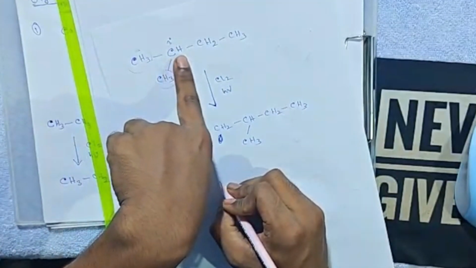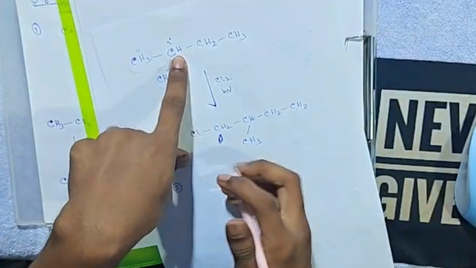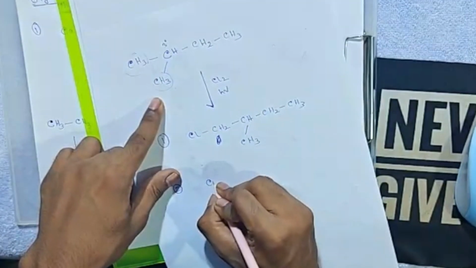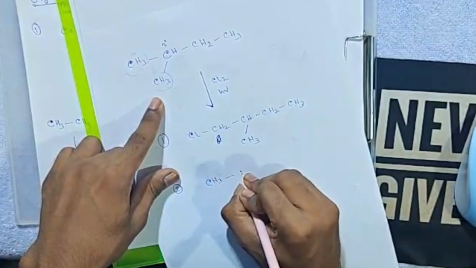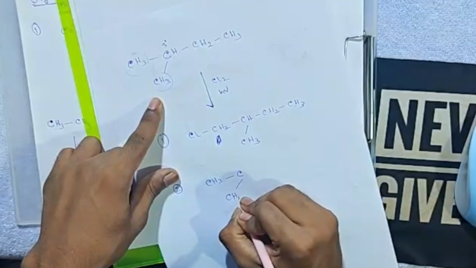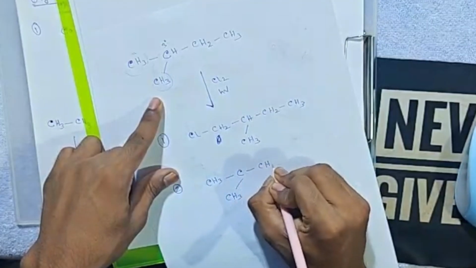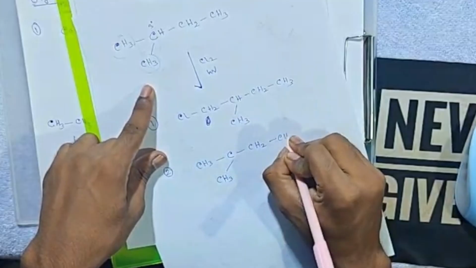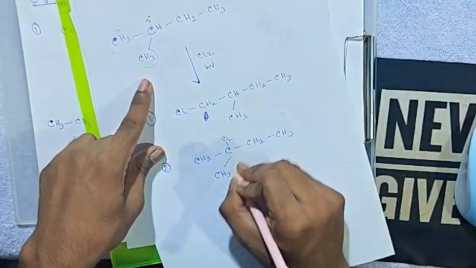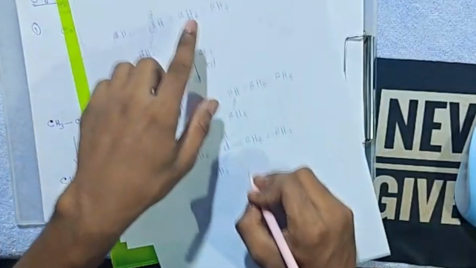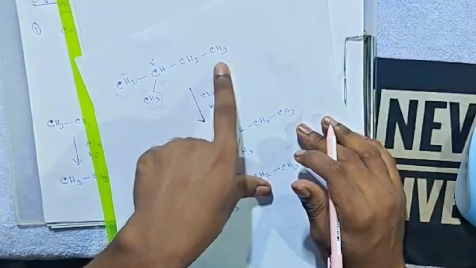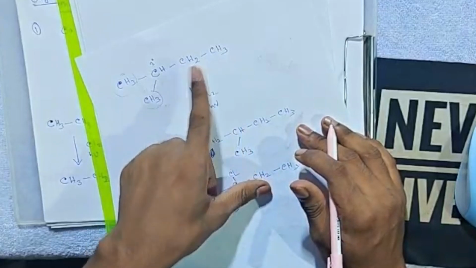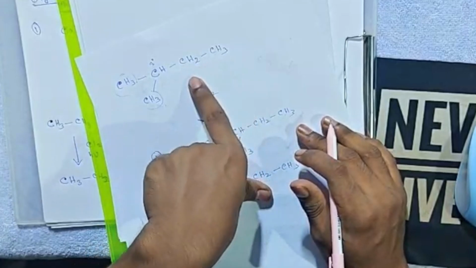Hydrogen is present, that means chlorine can be attached, so it will be CH3 C(Cl)(CH3) CH2 CH3.